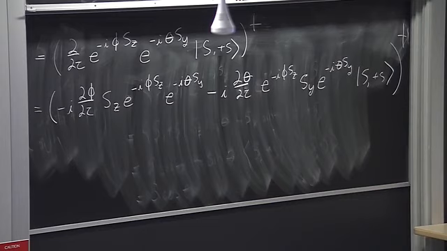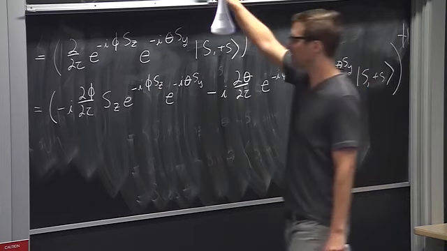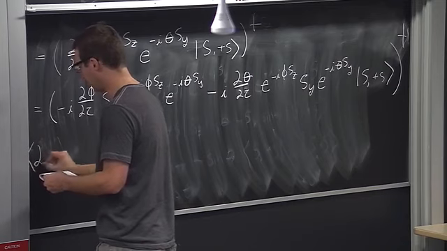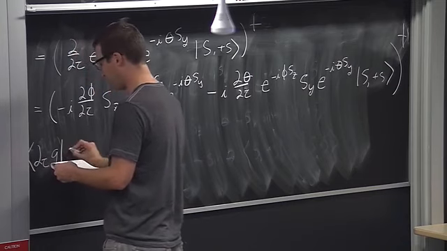Okay, so let me just take the Hermitian adjoint and then look at this inner product here. So that's the time derivative in the bra.